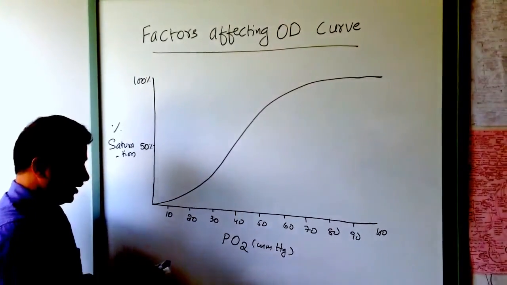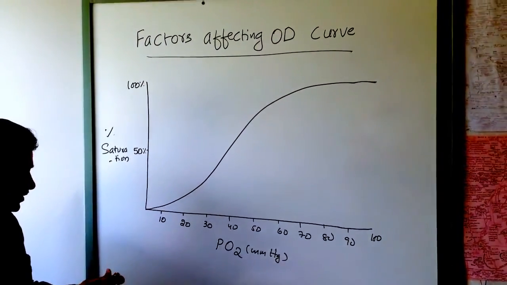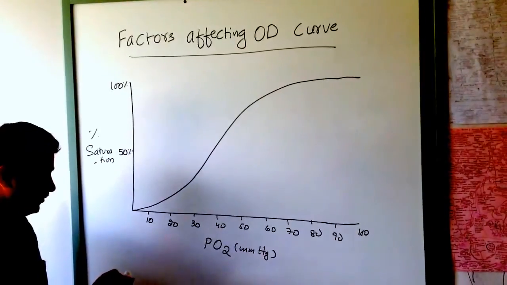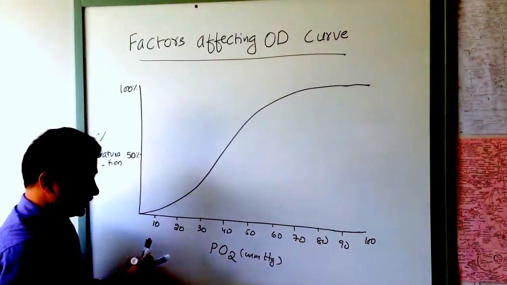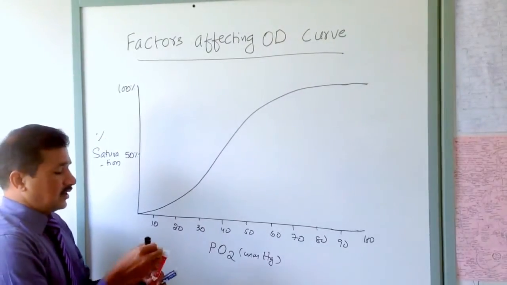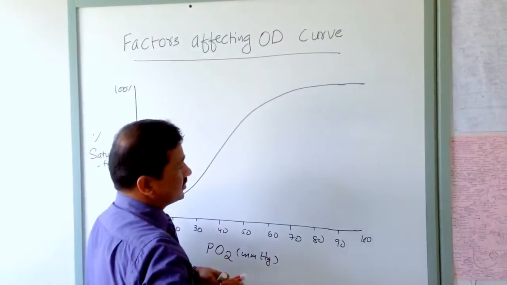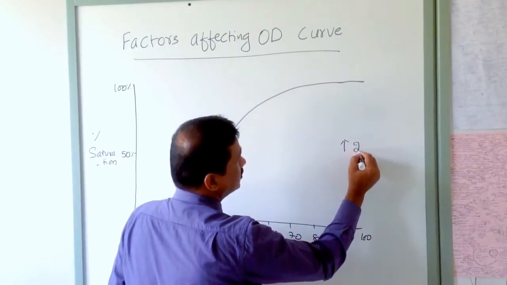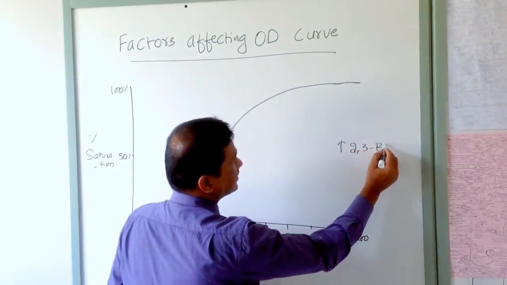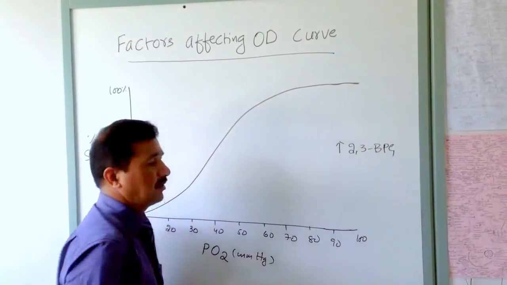Okay, so now let's see the right shift in the oxygen dissociation curve. Some of the factors which cause a right shift in the oxygen dissociation curve, I'll write here. First is an increase in 2,3 bisphosphoglycerate, 2,3 BPG.